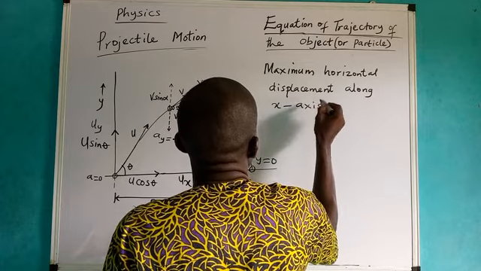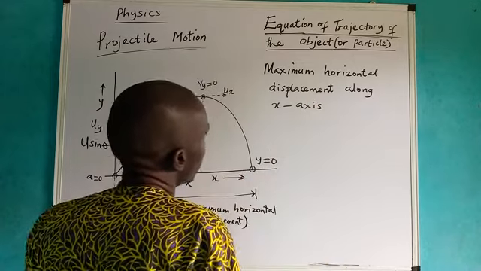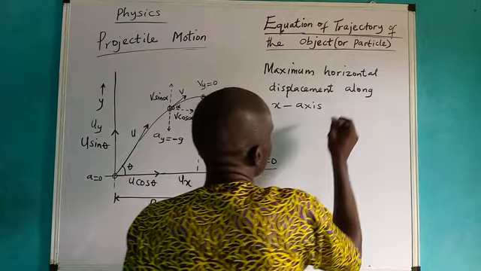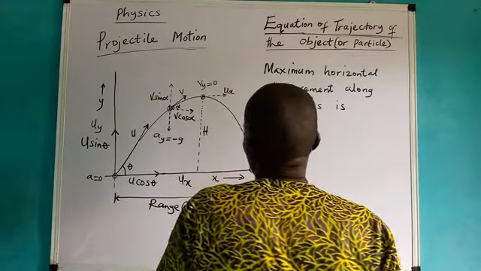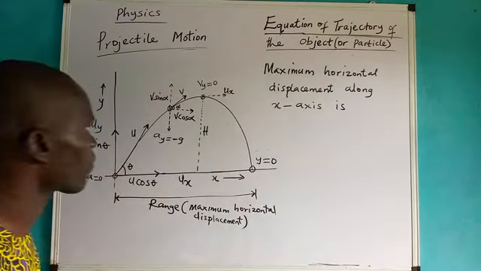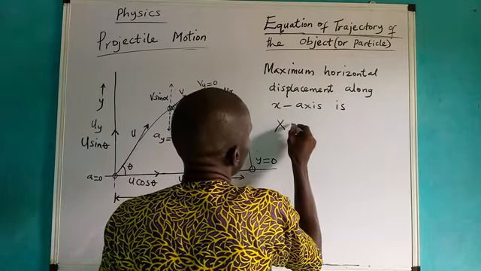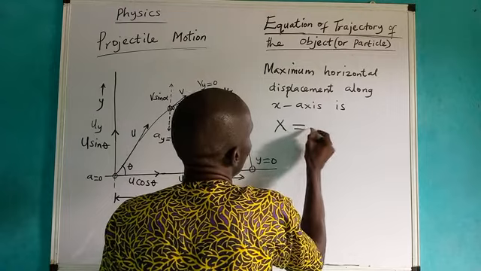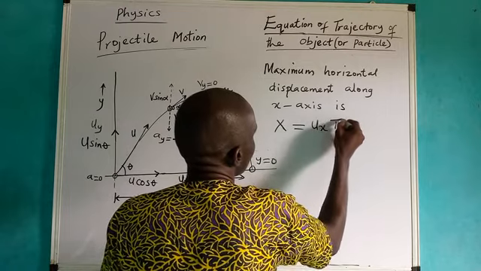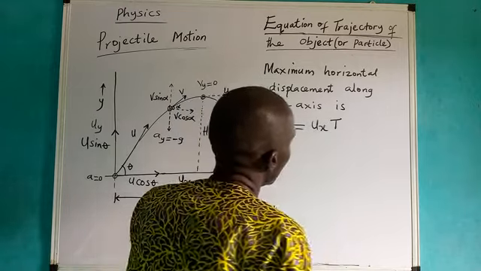You take note. Maximum horizontal displacement along the S axis is, remember we have determined it before, simply S equals UST. Don't forget we have determined that before.